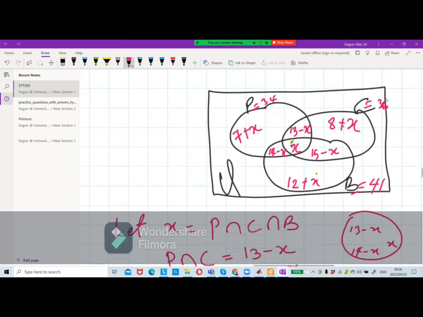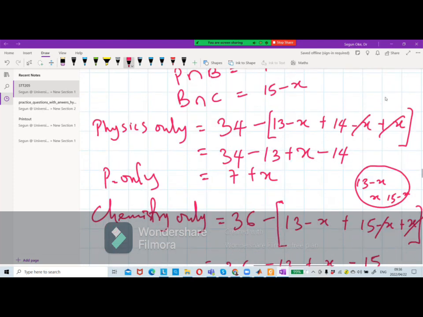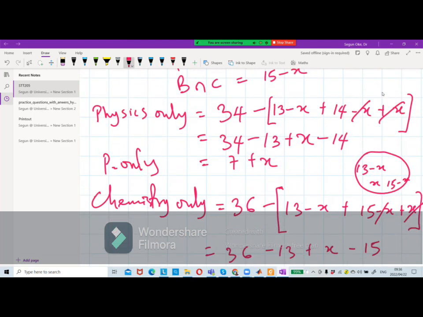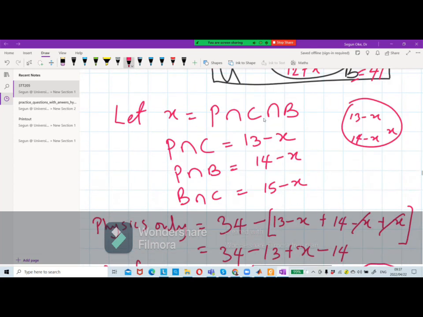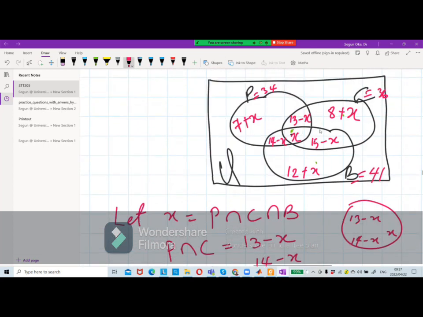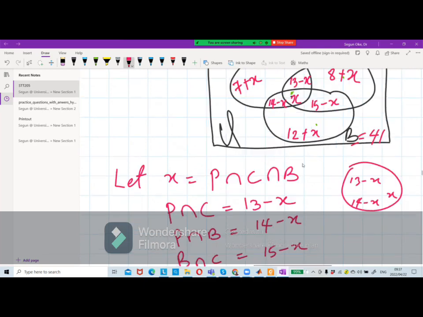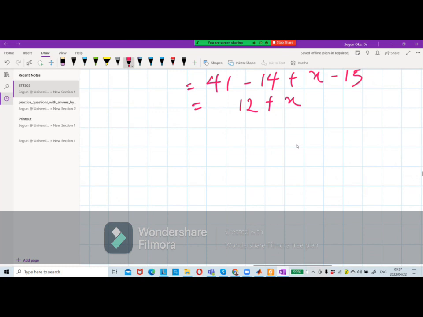Remember, the total number of students in that particular exam is 75. So all we need to do is add everything in the Venn diagram together, equals to 75. So how do we do that?